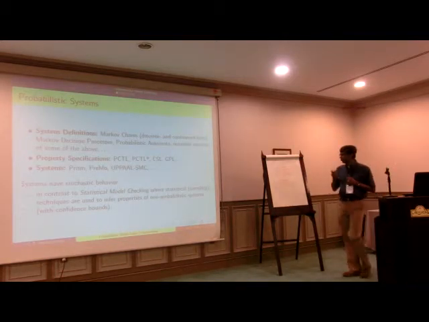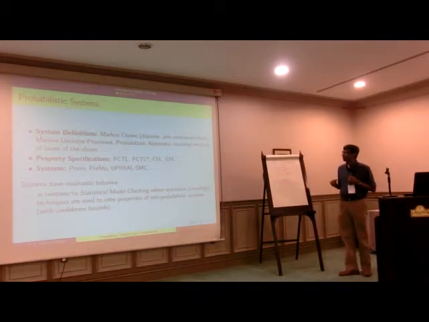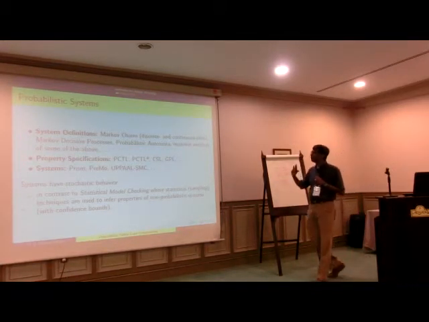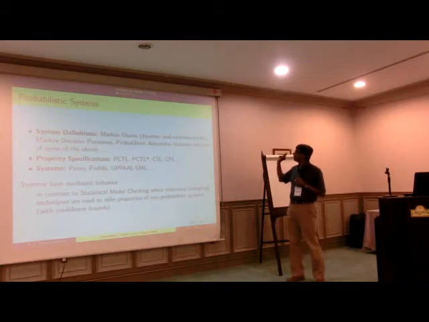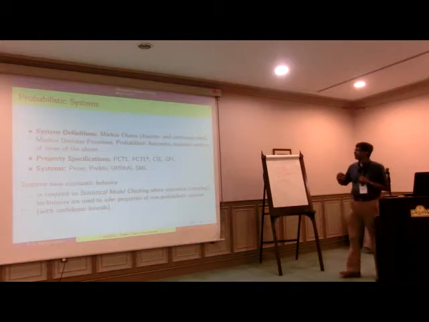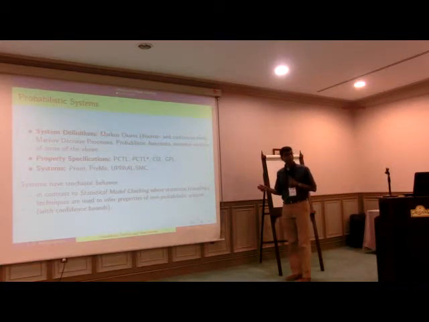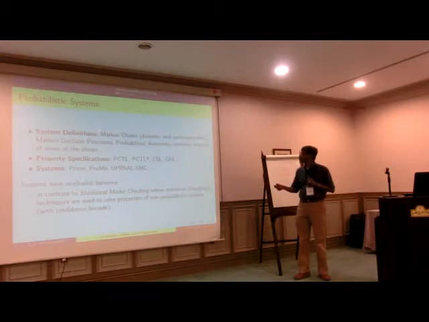So now that we know a little bit about what probabilistic LP is, I will give you a brief, quick idea of what we do with model checking with them. In probabilistic systems, the most favored way of modeling is Markov chains, which most of you know.